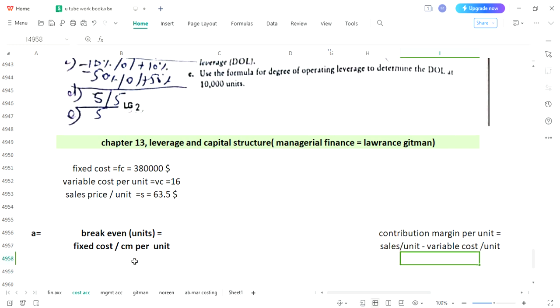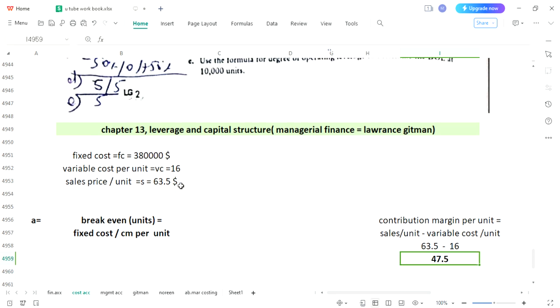Sales price per unit is already given in your question, and that is 63.5, and you need to subtract variable cost per unit, which is also given, 16. Statement is completed. Now we can put it on our calculator. So we have got our contribution margin per unit.